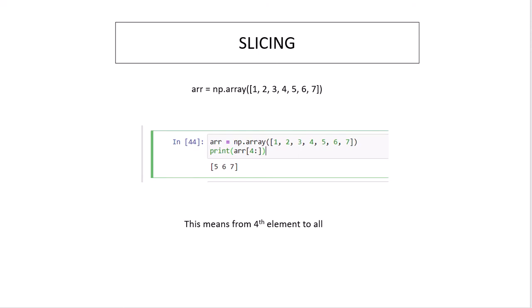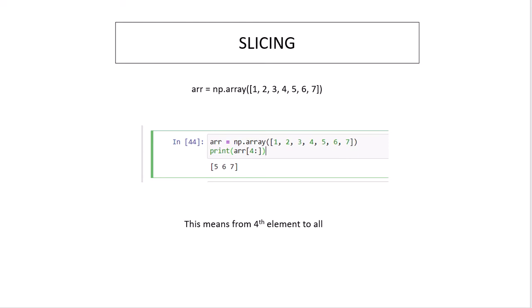This example just contains one unidimensional array which contains 7 elements. Suppose I am writing array and then in square braces I am writing 4 colon. That means I am saying 4 colon all elements, up to the last element. When I say colon, anything after colon refers to an element and not the index.